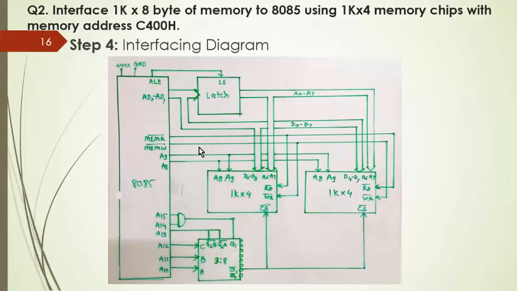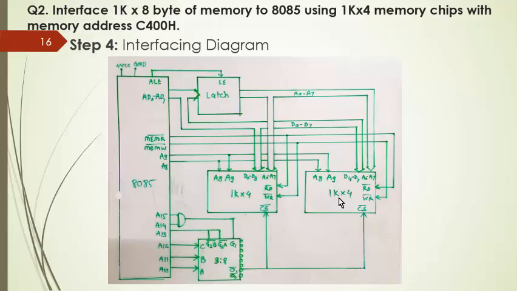Also you have to connect D0 to D7, but as in the memory interfacing question 1K by 4 memory chips are given, you have to divide D0 to D7 in 2. So the first 1K by 4 memory IC with data pins D0 to D3, and the second memory IC with data signals D4 to D7.